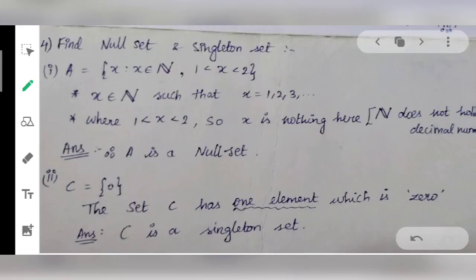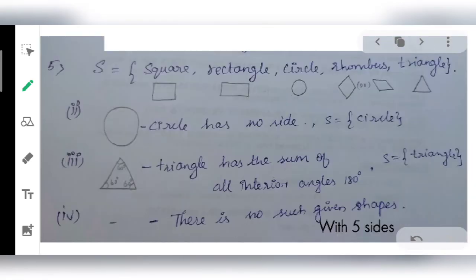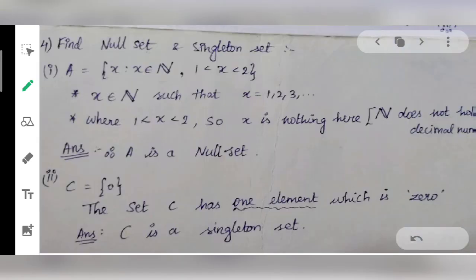In your exercise, you are given the fourth question, and we are also going to learn the fifth question. In the fourth question, you are asked to find the null set and singleton set. The question is given as A equal to x such that x belongs to capital N and x must be greater than 1 and less than 1.